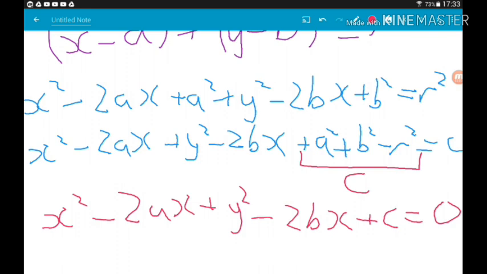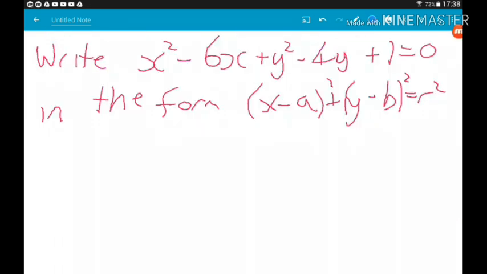Now what this involves is completing the square. So an old friend is coming to help us in a new place. So let's do some examples. First example then, we want to write x squared minus 6x plus y squared minus 4y plus 1 equals 0 in the form x minus a squared plus y minus b squared is equal to r squared.